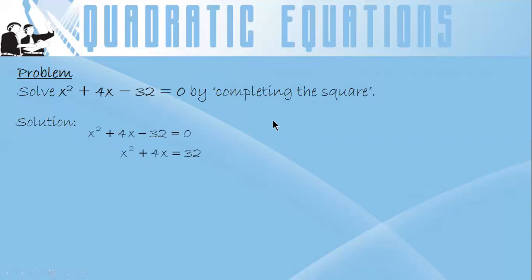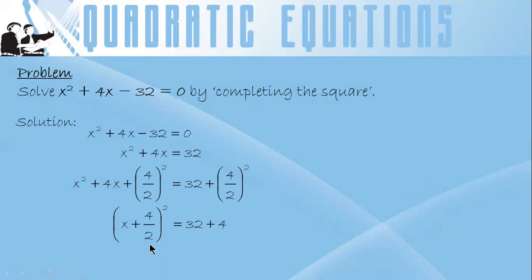Then for completing the square, you add to both sides: 4 divided by 2 is 2, squared is 4. Add it to the right side as well. Right? Half of the coefficient, squared. They are now perfect squares.